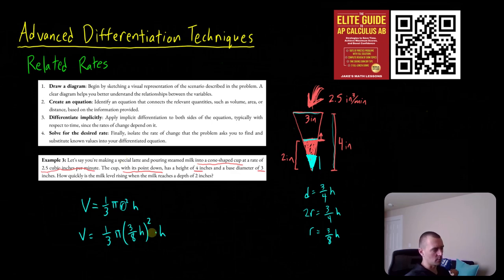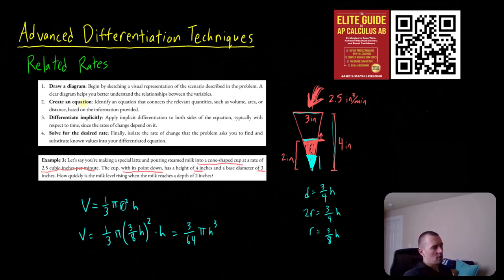And of course we could simplify this further, essentially squaring 3/8, combining that with our 1/3 coefficient out here. If we do all that, we're going to end up with 3/64 pi h cubed. So we know volume equals 3/64 pi h cubed for this specific ratio of cone height and diameter, or height and radius.